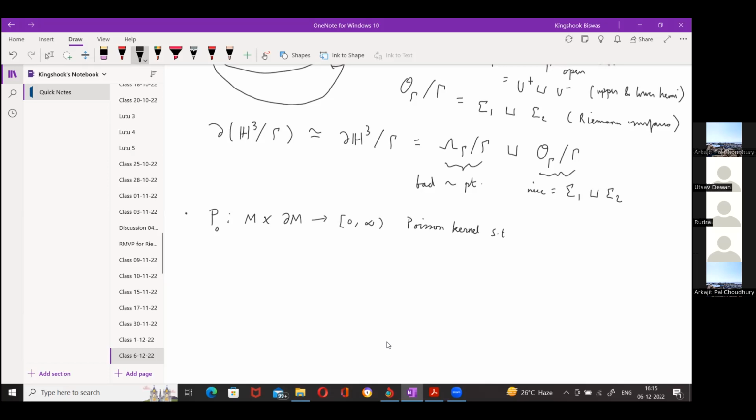Such that, one, for all xi in boundary M, x goes to P of xi is harmonic.